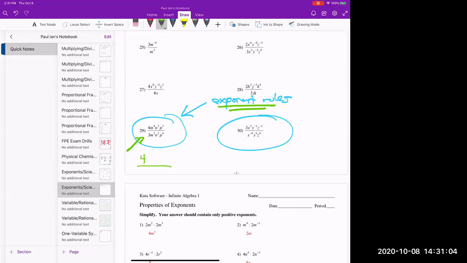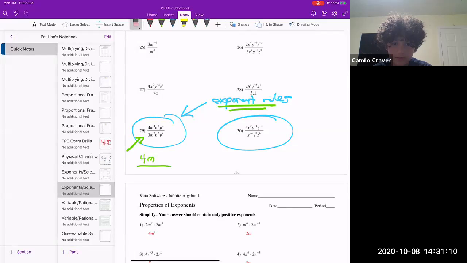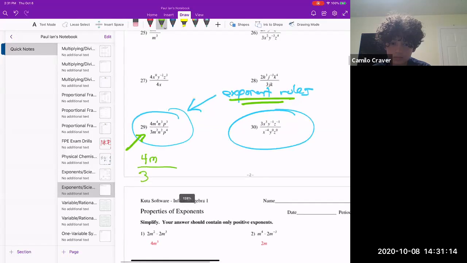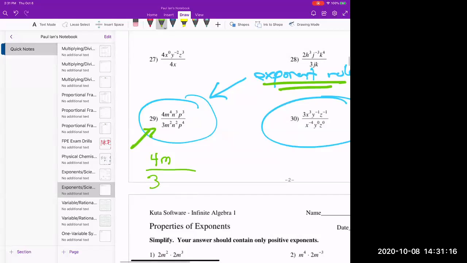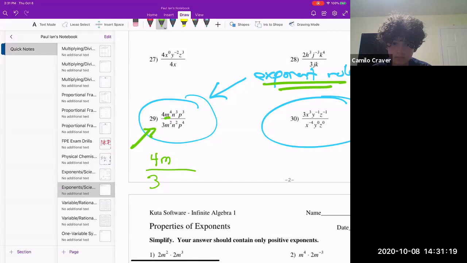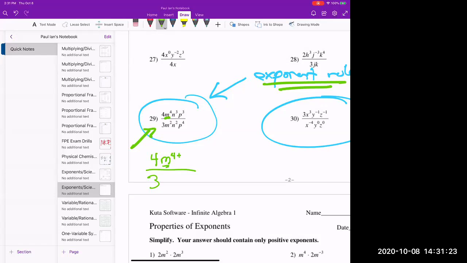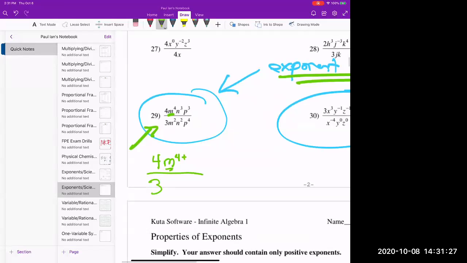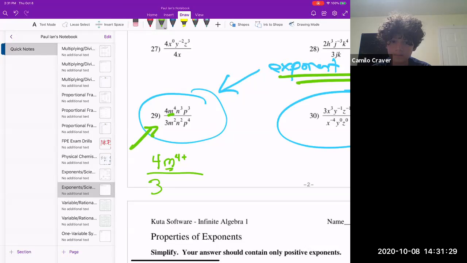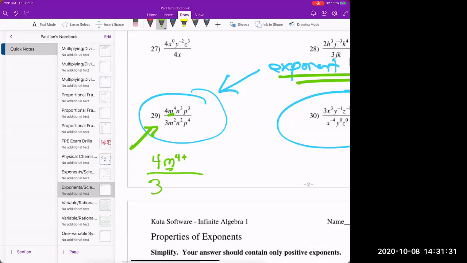And then what do you do with the m? Tell me what to put on the top. Can you see the letters? Okay, so the m, what do you do with it?